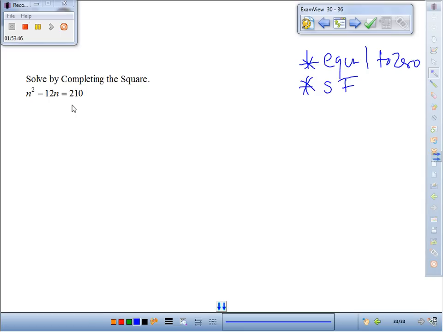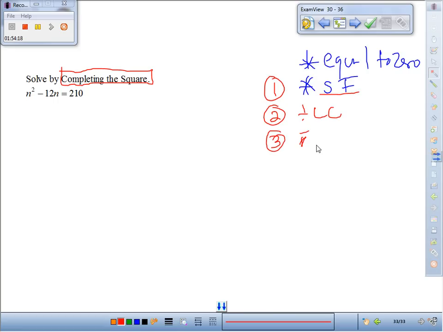Everybody look up, please. Pens down. When we get to completing the square, look at the process. Step 1, standard form. No. Step 2, divide by the leading coefficient. What is the leading coefficient? 1. Step 3, eliminate the constant.